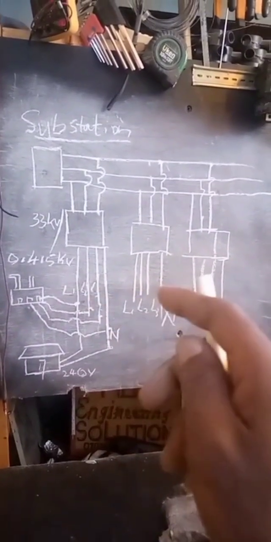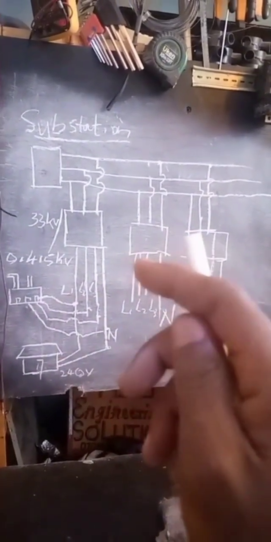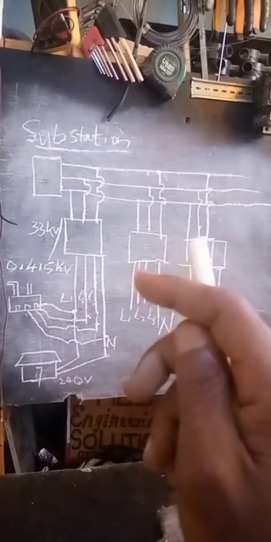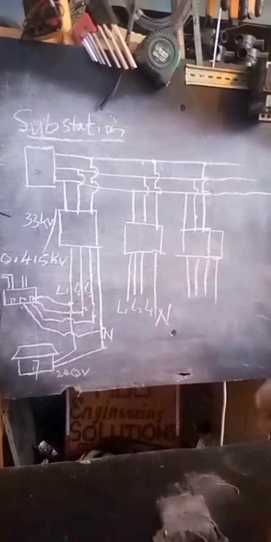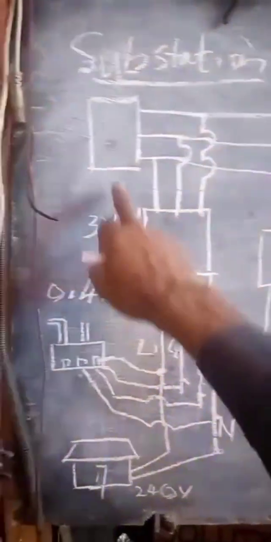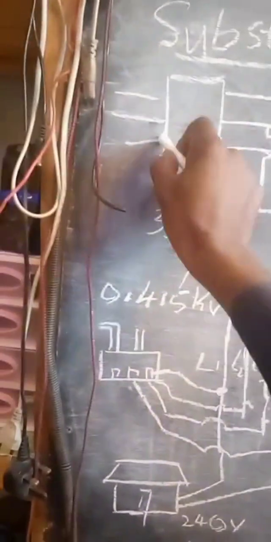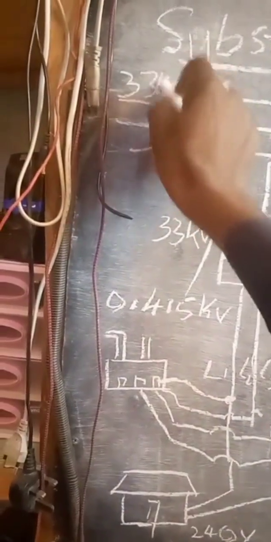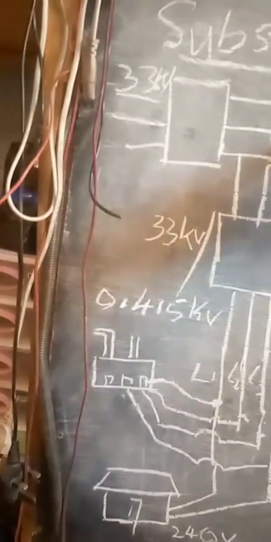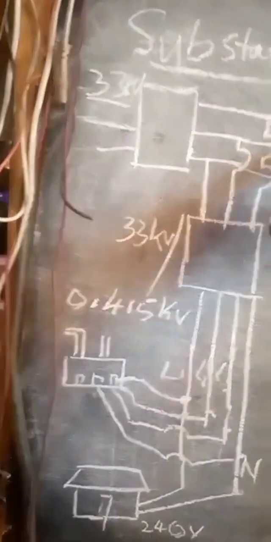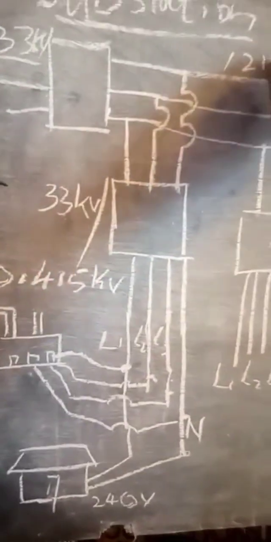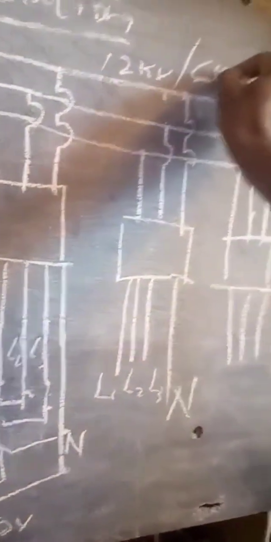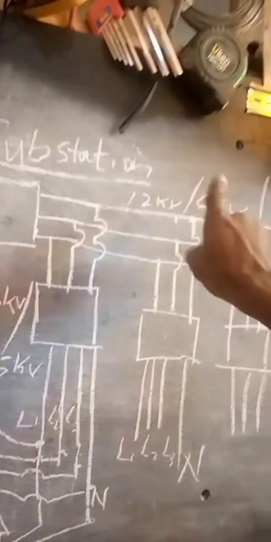So these transformers you'll find are majorly connected to one source or one supply that is able to give power to all of them. Maybe if this transformer here is rated something like 33 kV, then you can be sure this line here can give something like 12 kV, can be 6 kV, can be 3 kV, in the multiples of 3.